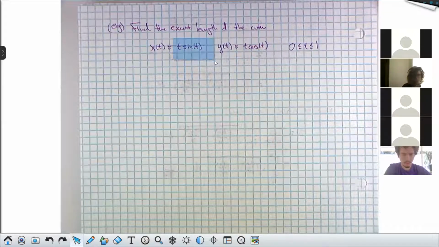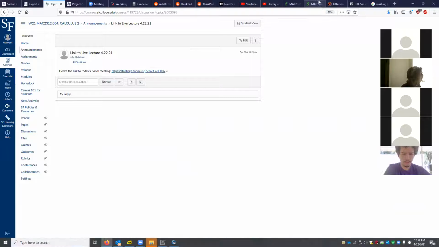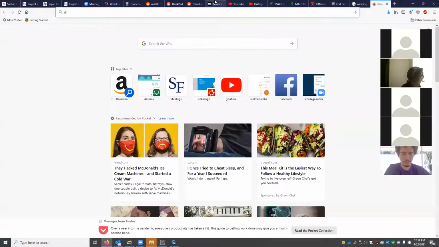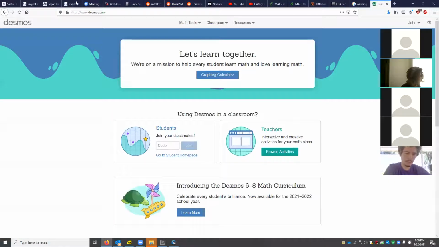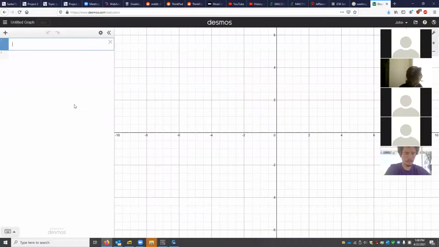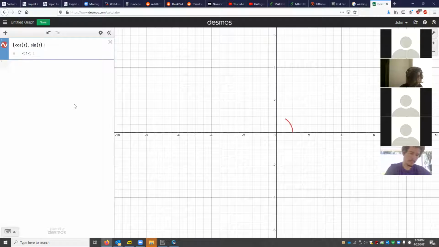If it was just cos t and sine t, that was the unit circle. Let's look at some variations on that. Okay. So cos t comma sine t, 0 to 2 pi.